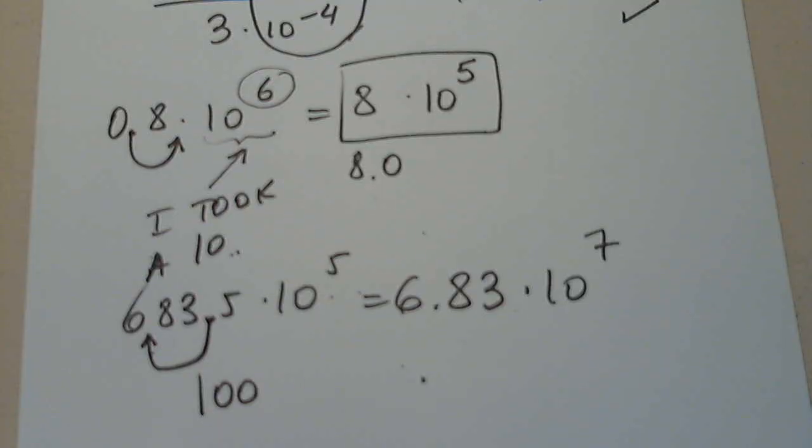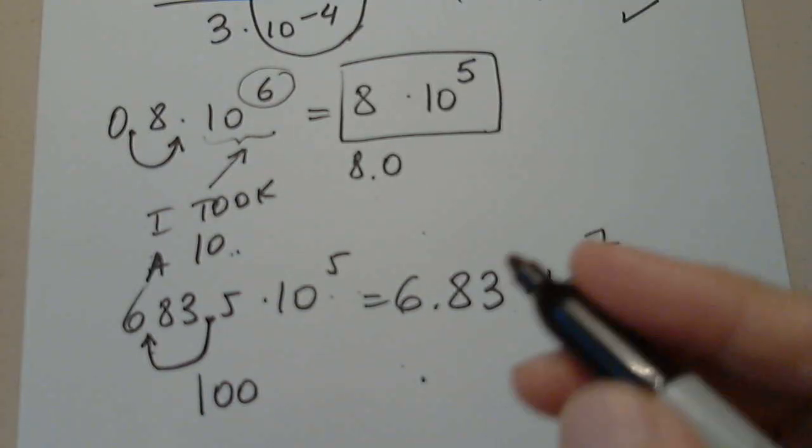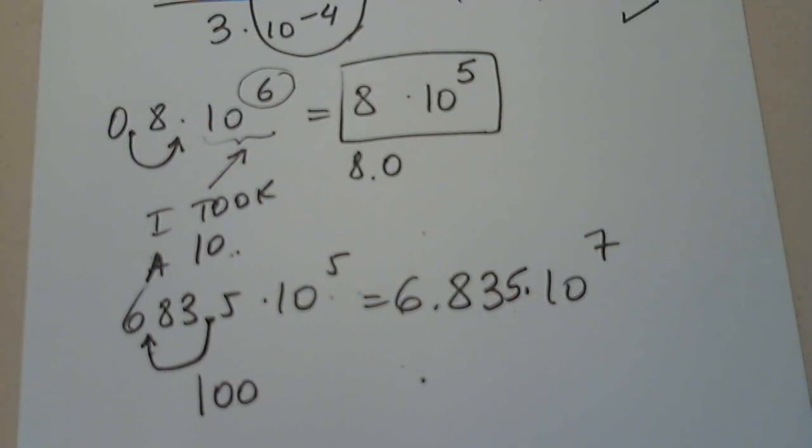It changes it into the standard notation. But that's okay. Because see, 2, 4, 6, 7. So this is 6.835. Oh, I forgot to write the 5. Oh, yeah, I forgot to write it here. Times 10 to the 7th power. So you can also check like that. Okay?